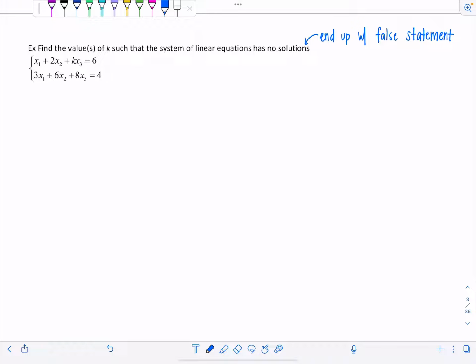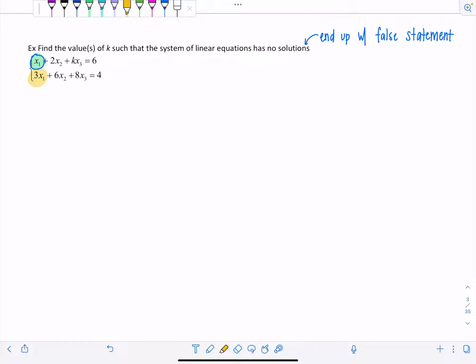Okay. So what I'm going to do is go through the process just like last time of Gaussian elimination. So remember, we want that leading coefficient to be a 1 in that first row, which it already is. Fabulous. And then I'm going to use this entry here to make all of the entries below it or above it zeros.